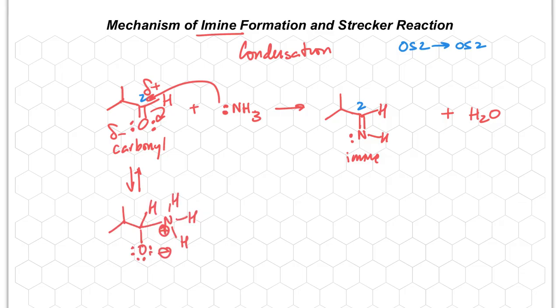So this mechanism, I don't want you to think I'm lying to you because I'm showing both a positive and a negative charge in there. Based on pKa arguments, we can do this because we're not really under strongly acidic or basic conditions.